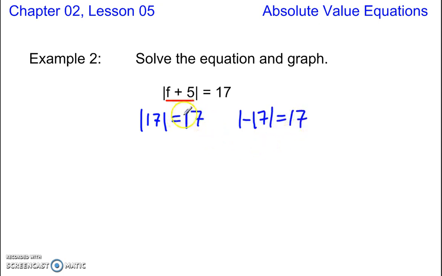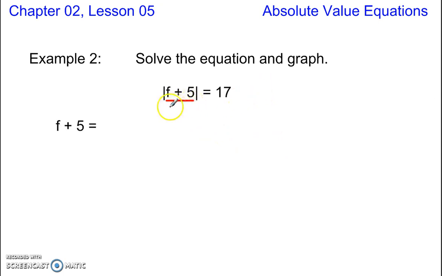So we always have to look at two cases. I'll do my positive over here, and then I'm going to consider my negative on the other side. So either f plus 5 is 17, this inside here is positive 17, or f plus 5, this expression inside here, comes out to be negative 17. Both of those would fulfill this statement.